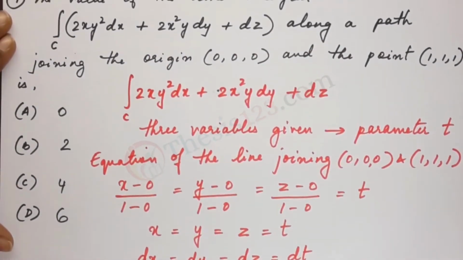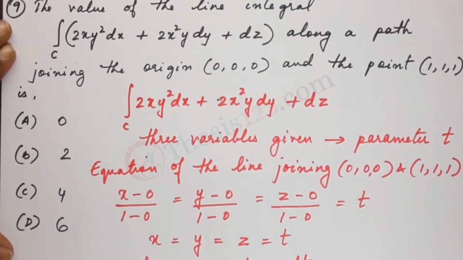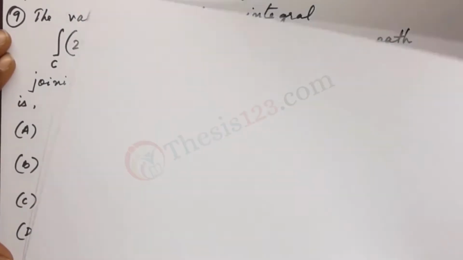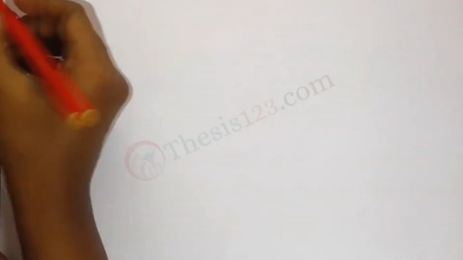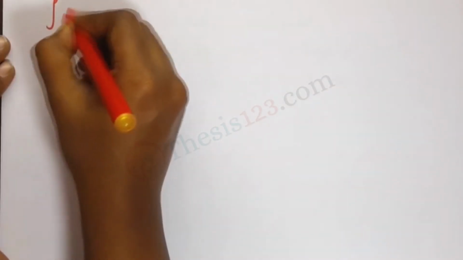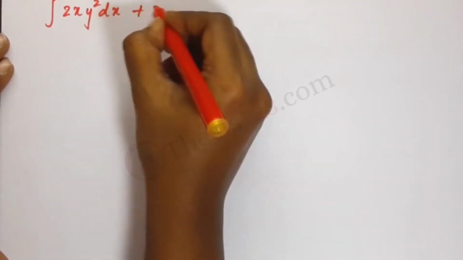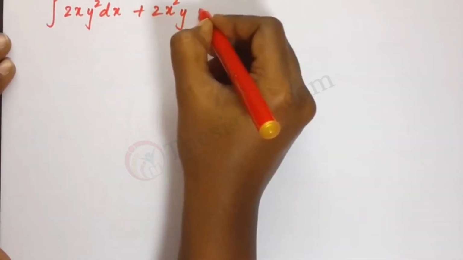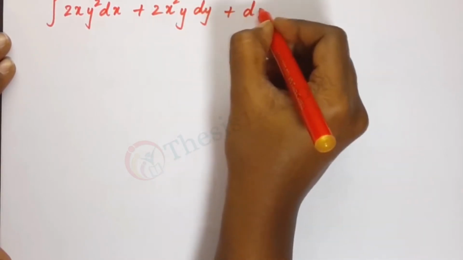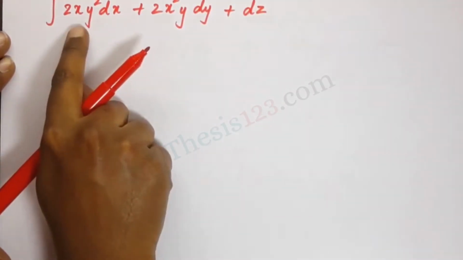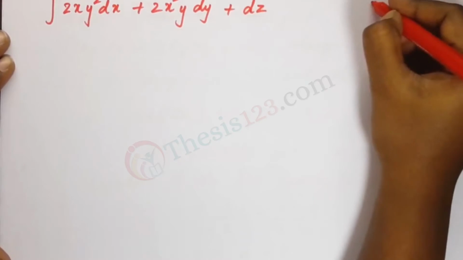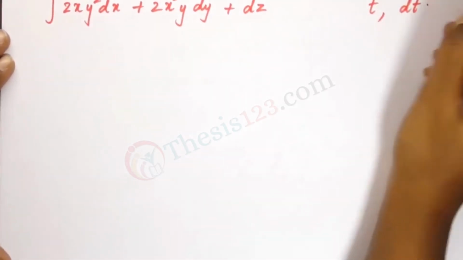So let me just grab a sheet of paper here. Okay, so we have 2xy squared dx plus 2x square y dy plus dz. Now we change all of these terms in terms of t and dt.